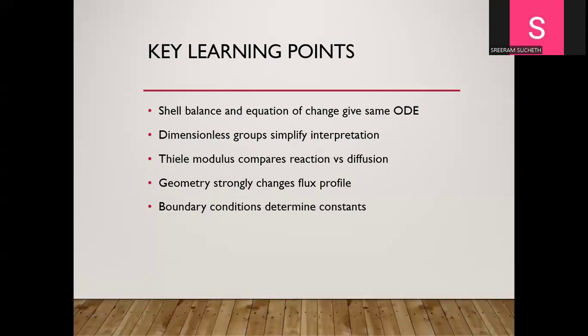And we use dimensionless groups to simplify the sums and the interpretation of this example, and we can easily solve the question. And geometry can strongly change the flux profile, and boundary conditions are very important in solving for the constants.